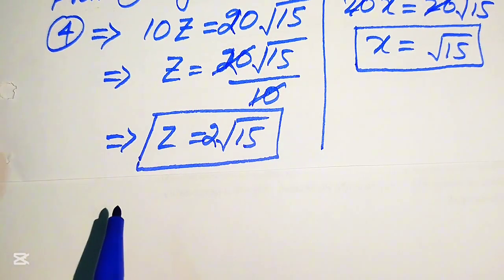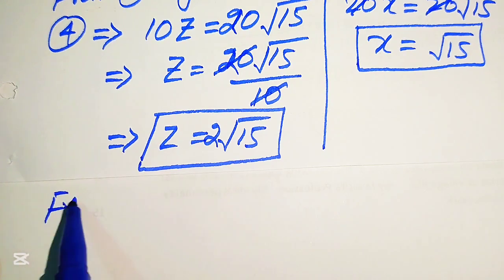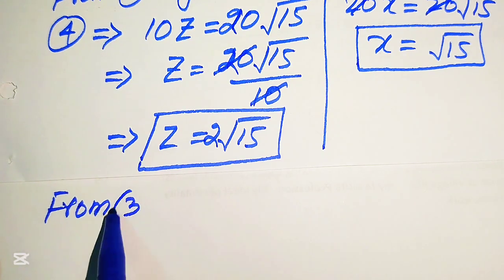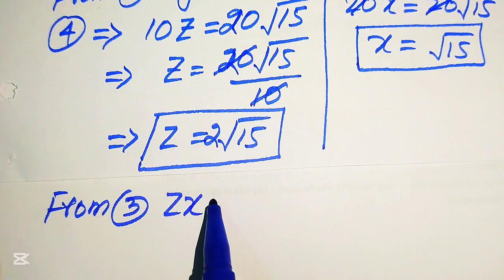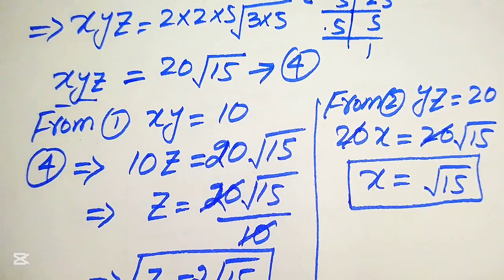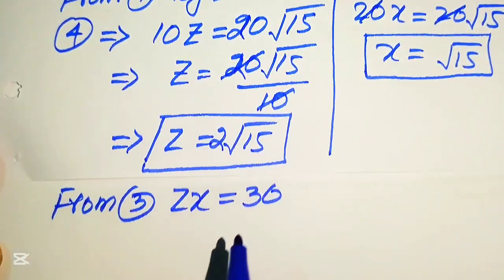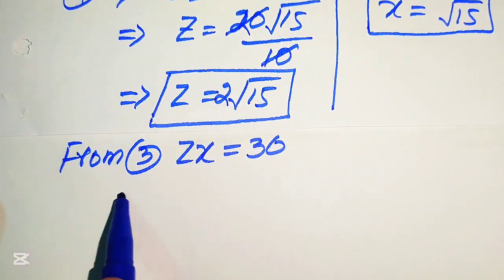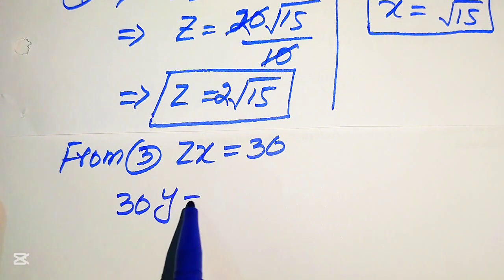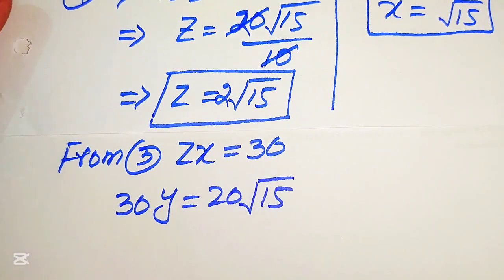And now finally, in order to find the value of y, we need equation number 3. From equation number 3 we have zx equals to 30. So we can put here x and z equals to 30, so we get 30 times y equals 20 times the square root of 15.